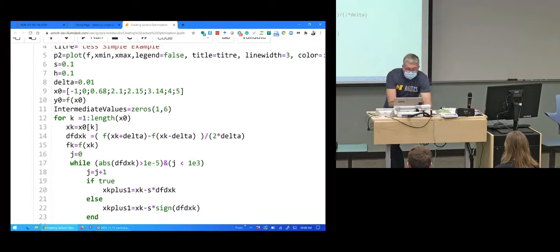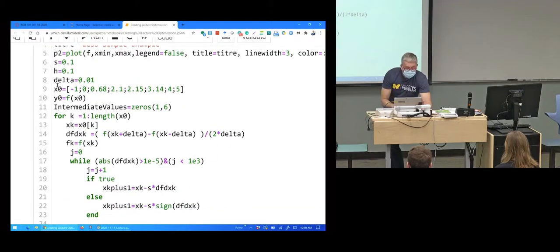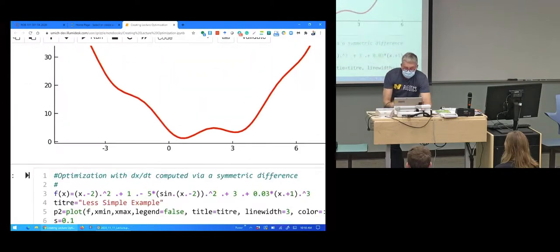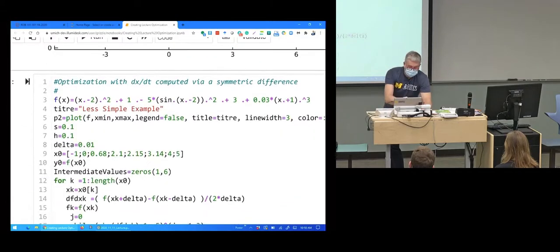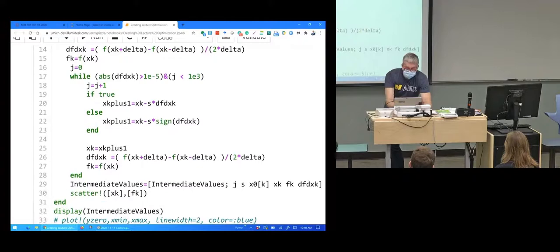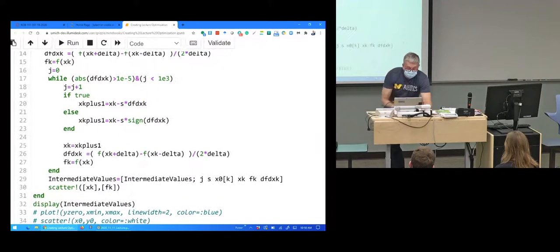A typical thing. And then what I've got here is a whole bunch of different initial conditions. So I'm going to loop through all of those initial conditions just to see where they end up, okay? So some of them starting over here, here, here, close to the local max, et cetera, and just see where they end up. The actual algorithm, there's the while loop.